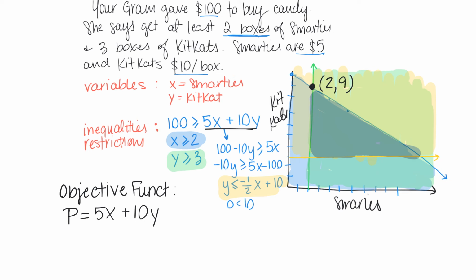So if we plug that in, we would have our profit equals 5 times 2 plus 10 times 9. This is not profit. I'm sorry. You should not listen to me. This is our spending, our money. And then we would have 10 plus 90, which is 100. So that would be our objective function right here.